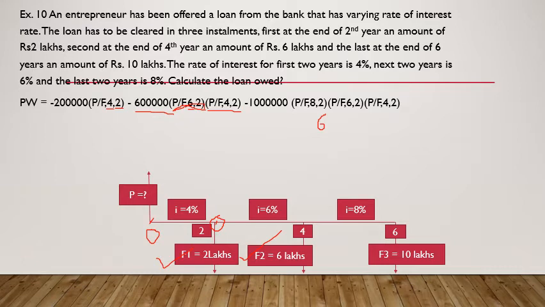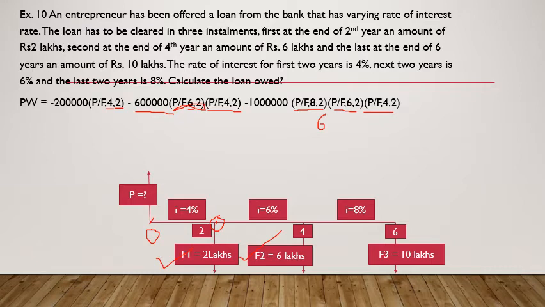In 3 stages, I convert this 6 lakhs into P at t is equal to 0. First stage, I use the interest factor, interest rate of 8% for 2 years. Next stage, interest rate of 6% for 2 years. Now it will come to t is equal to 2. Then I use the factor P by F at the rate of interest of 4% for 2 years.